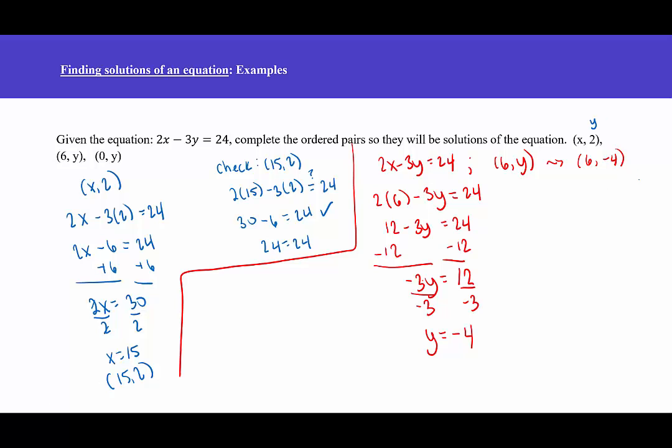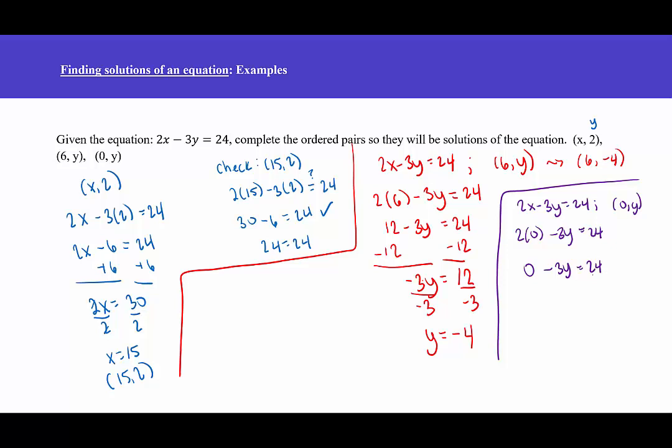And lastly, we have this (0, y). So I have 2x minus 3y equals 24. And now I'm curious, if I plug in 0 for x, what's the corresponding y value? Well, let's see. So we have 2 times 0 minus 3 times y equals 24. 2 times 0 is 0. 0 minus 3y, oh, well, that's just negative 3y.